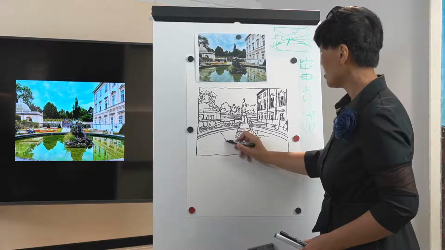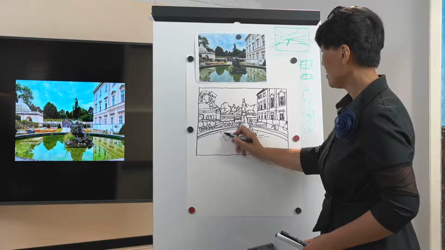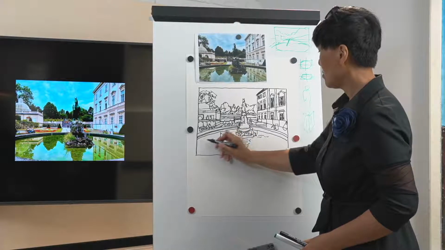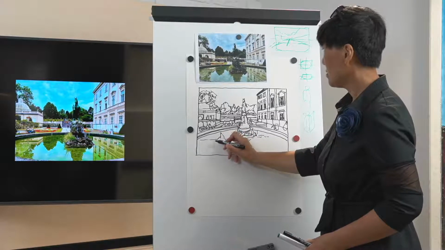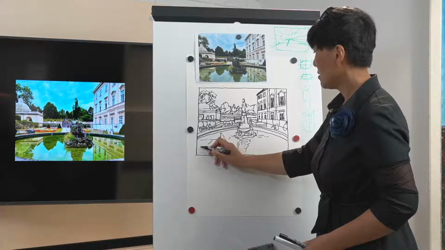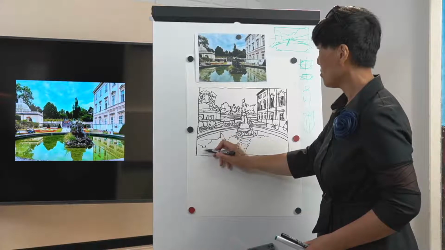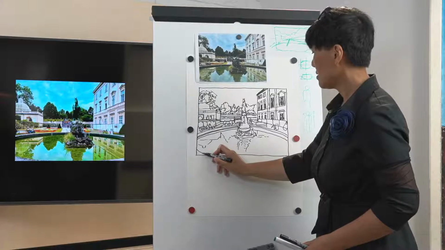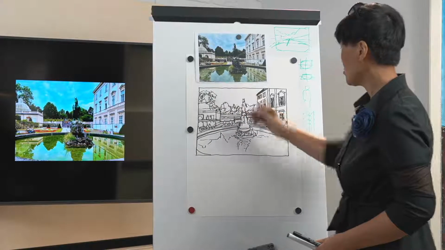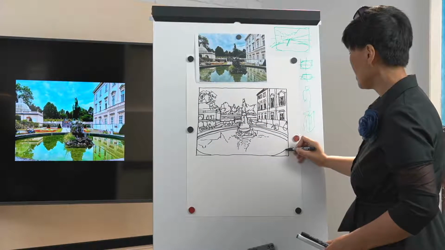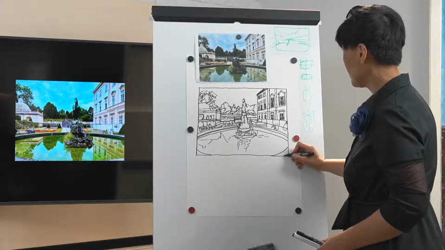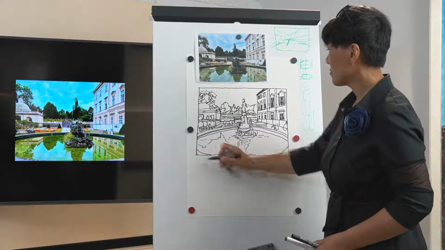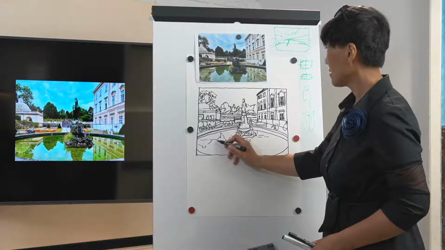So now I just do some lines to show. That's all. Also, see the boundary, and we put a little here. It's almost finished, I think.